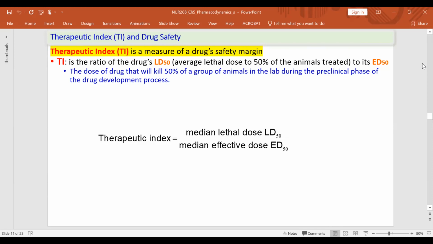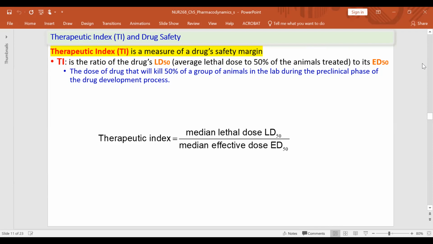The median effective dose, ED50, is the middle of the frequency distribution curve, the highest point of the curve in the middle. This is the median effective dose, ED50.